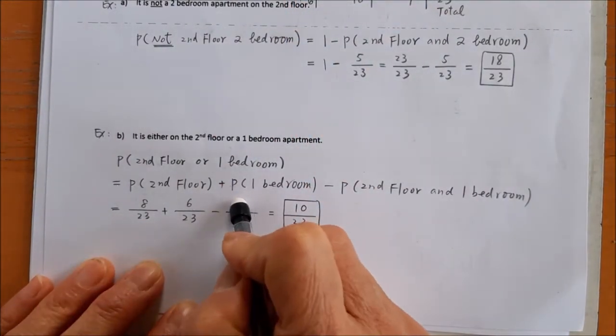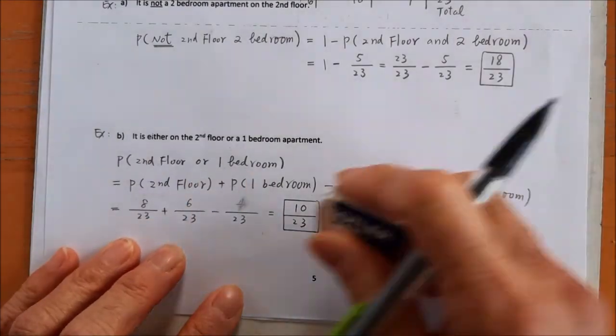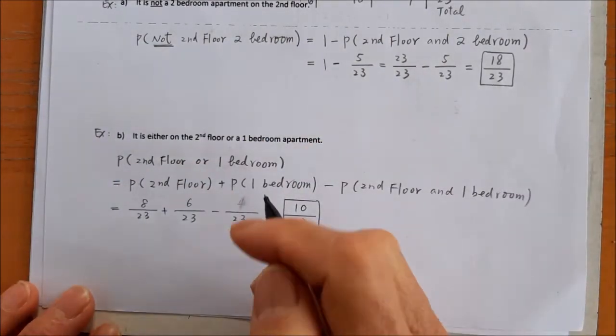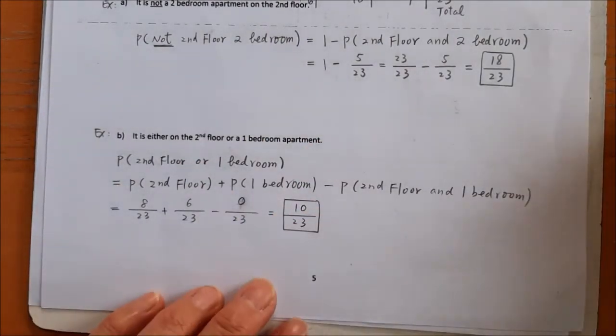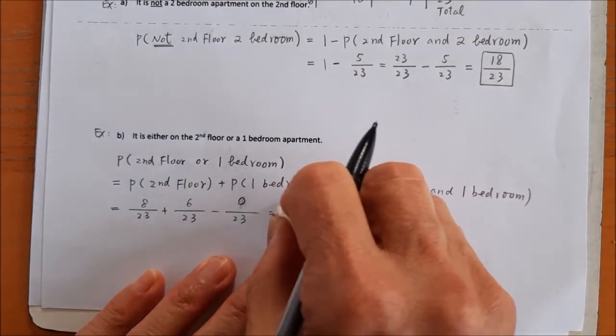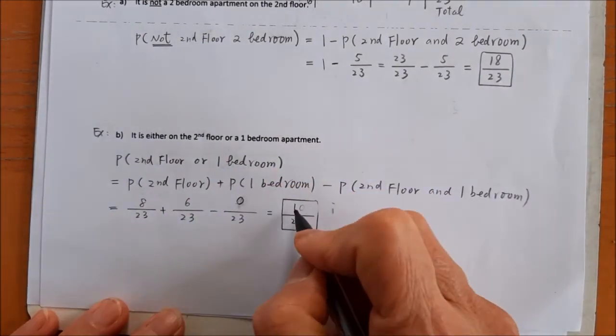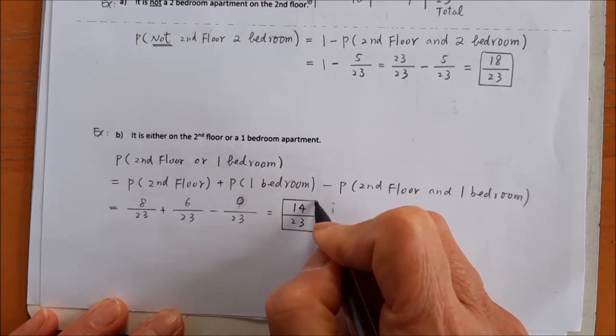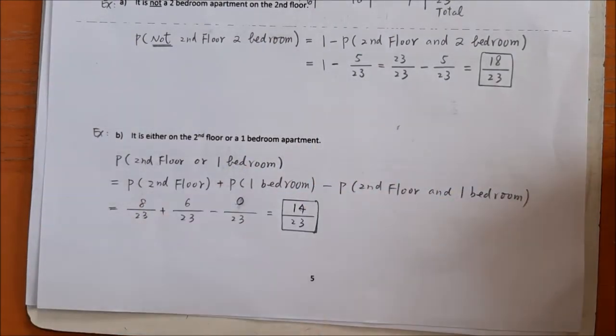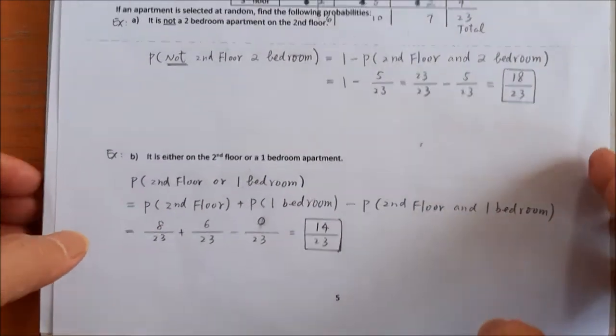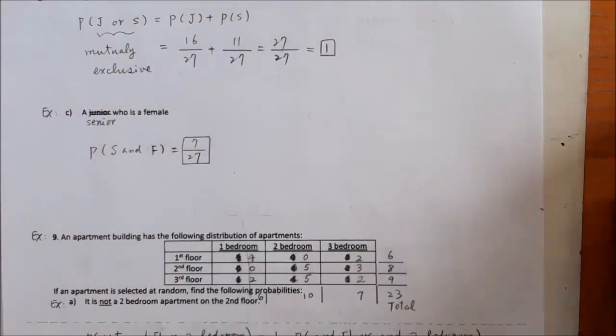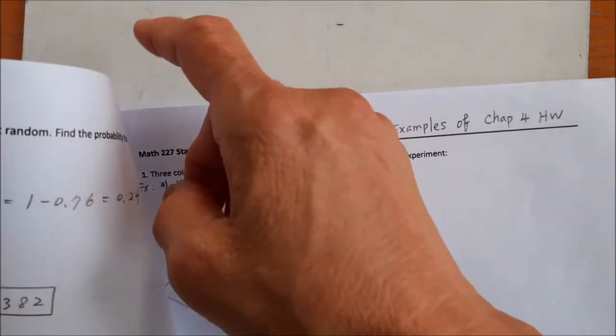So this should be 0, 0 out of 23. So here the answer is 14 out of 23. That's question 9. Question 10.